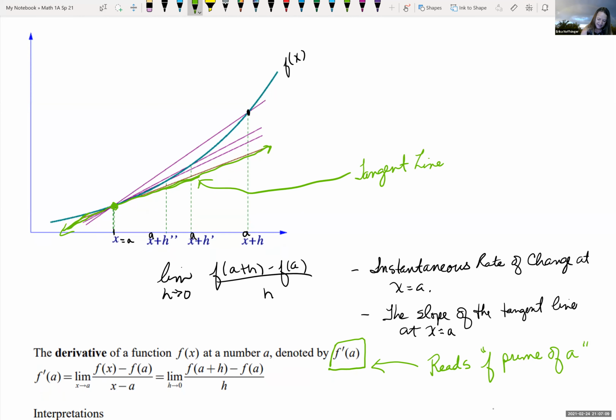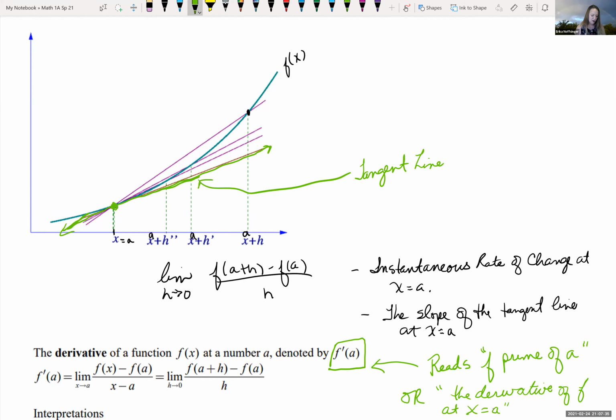Or another way to say that, the derivative of f at x equals a. So if you see that notation, that's how we would say it.